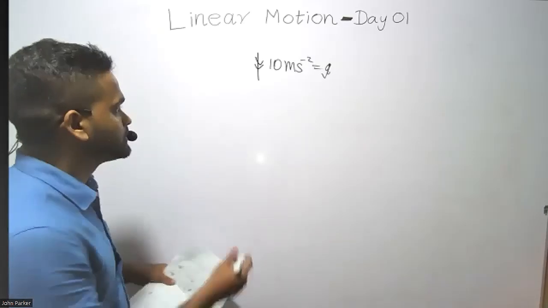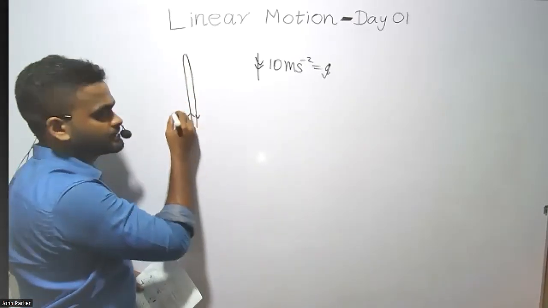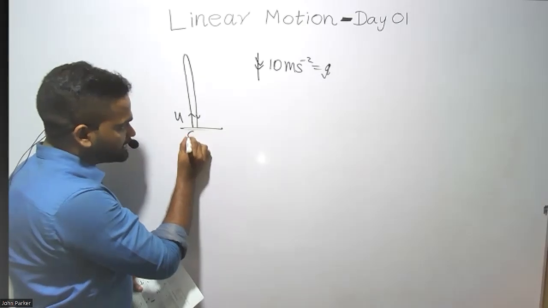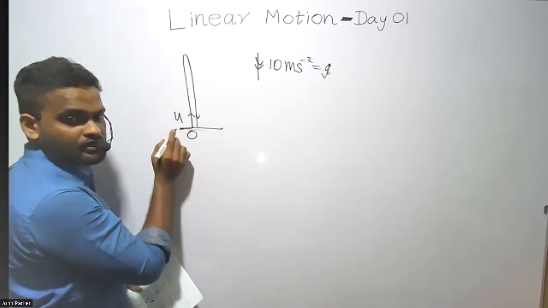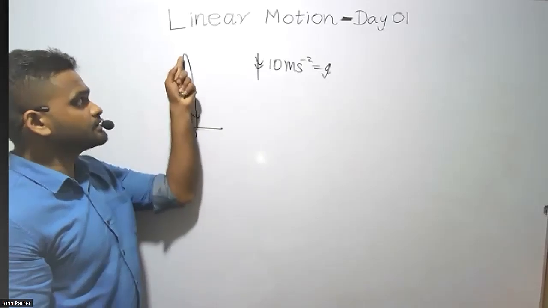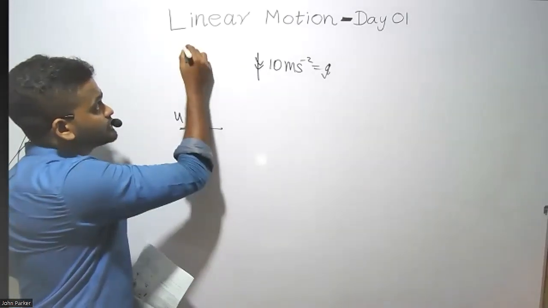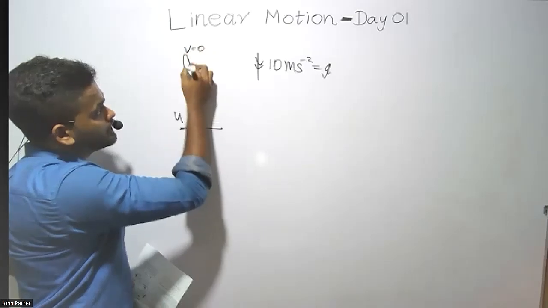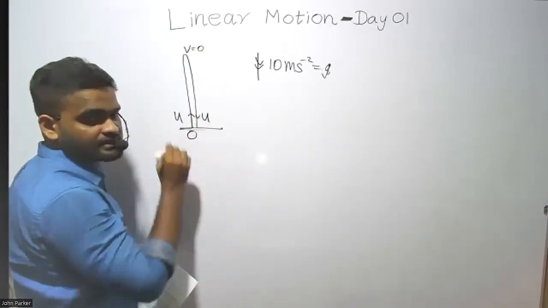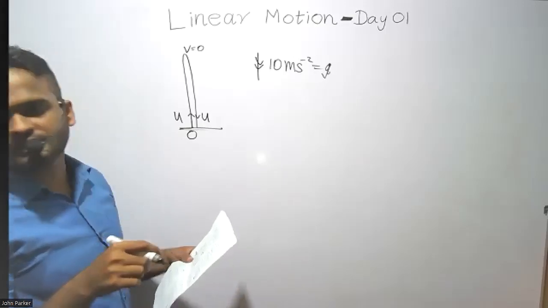So let's say you throw an object upwards at U. This point is called the origin. Origin is where any motion starts. From the origin, it is thrown upwards. Then its velocity becomes 0 here. Then it falls back, and as it hits the ground, the velocity is the same.